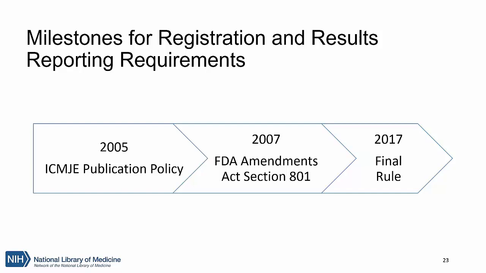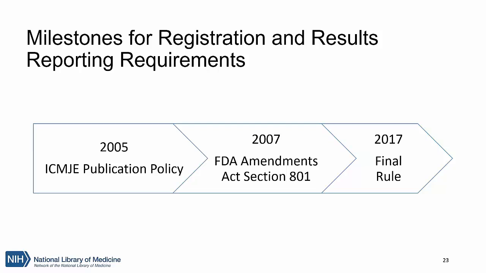In 2007, the FDA Amendments Act, Section 801, also known as FDAAA 801, expanded the types of studies that were required to be registered in ClinicalTrials.gov, as well as the data and summary results that needed to be submitted. This law applies to specific clinical trials of drugs, biological products, and medical devices.